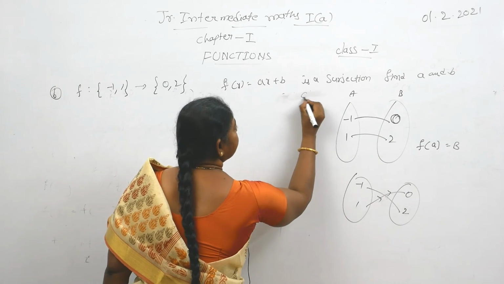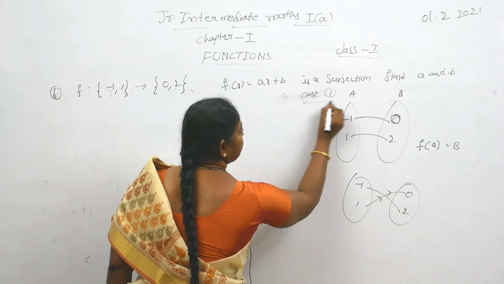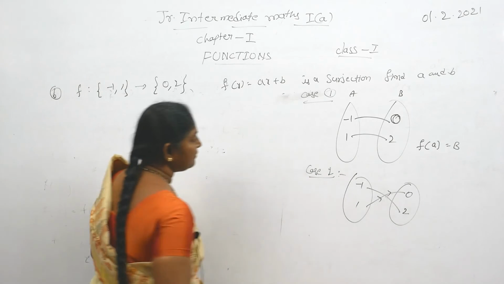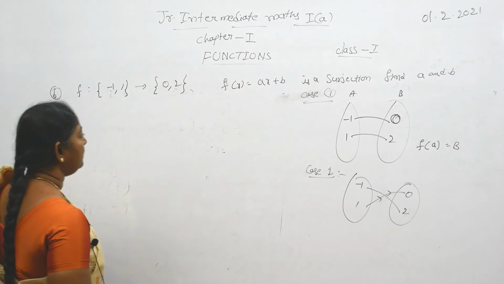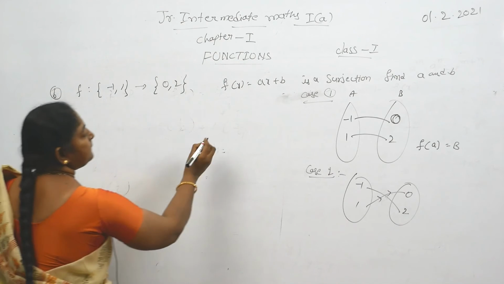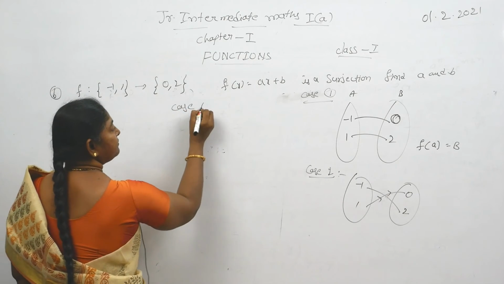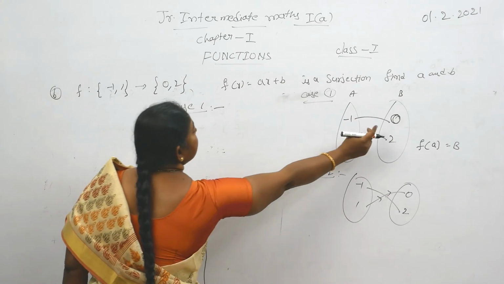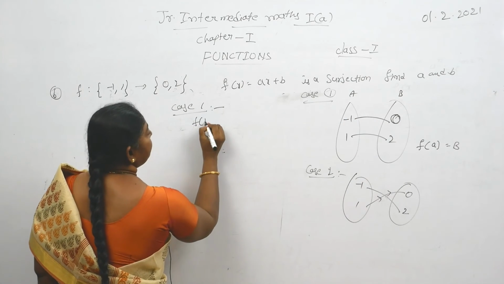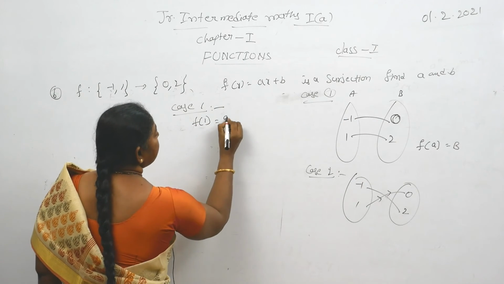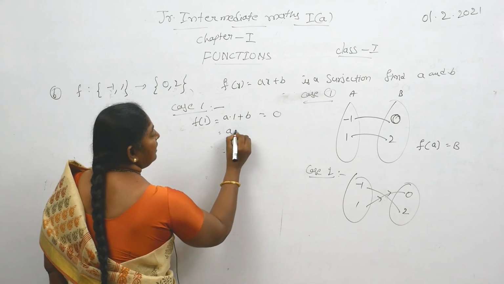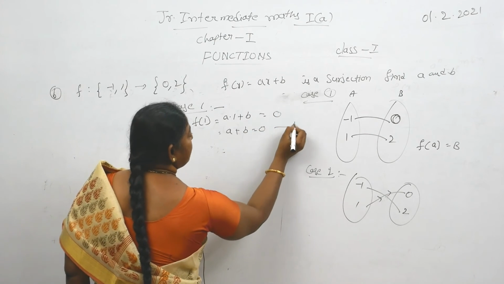Case 1, case 2. So first, case 1. So f(-1) = 0. f(-1) = a into (-1) + b = 0, so -a + b = 0, one condition.